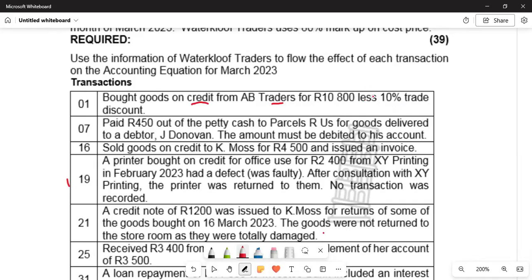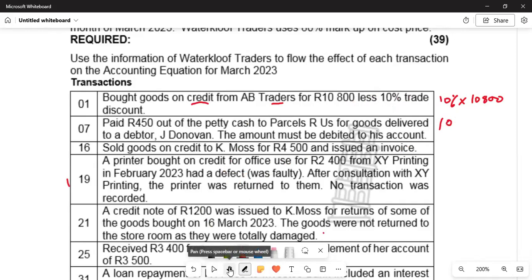So we are going to say 10% multiplied by 10,800, and then it will give us 1,080.